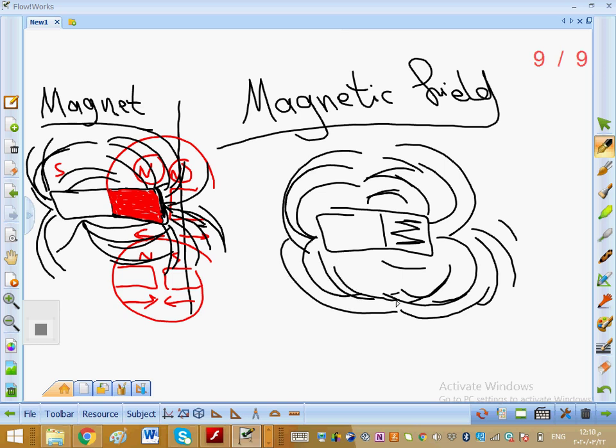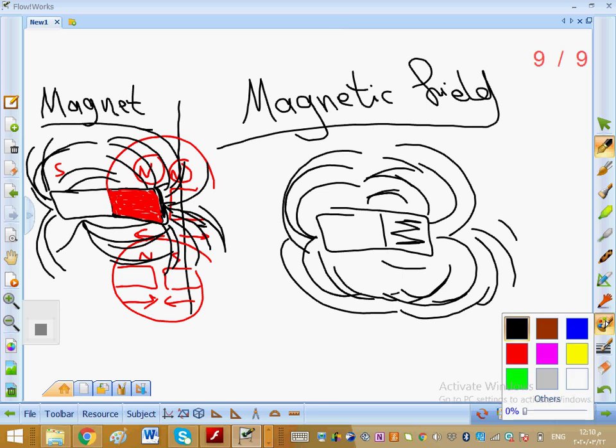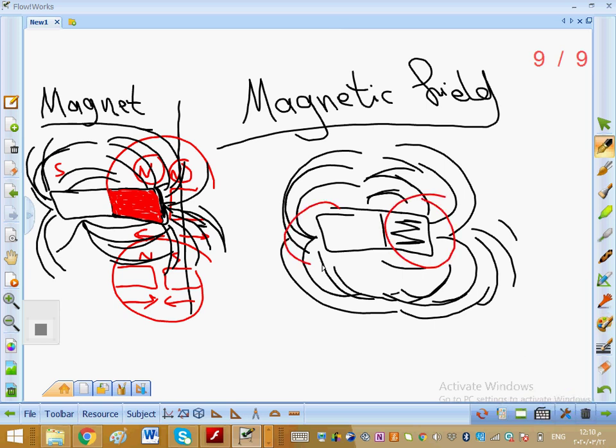The strongest magnetism will be at the poles, and the lowest will be in the middle, like Earth too.